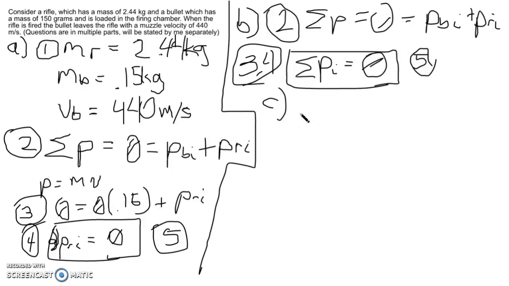So how are we going to work this out? Well, first of all, we have the data over here, so we don't need to really rewrite it. All we're doing is saying P equals mv. We have the mass and velocity of the bullet after it is fired.